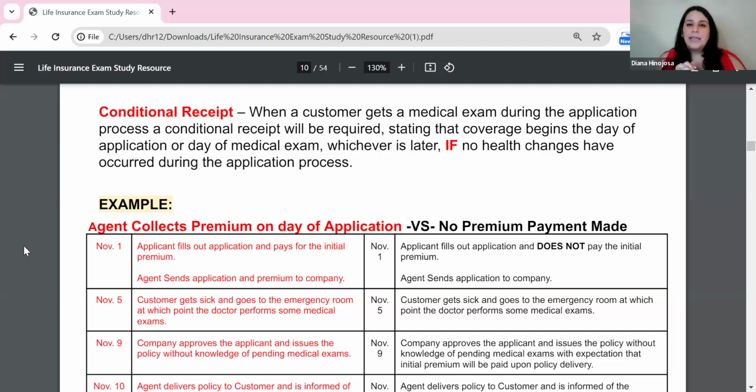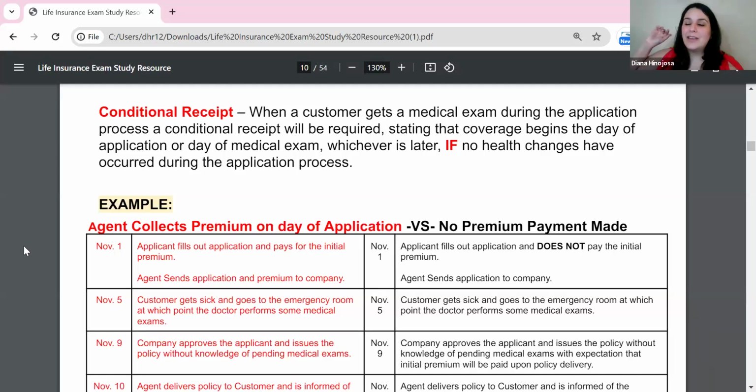When a customer gets a medical exam during the application process, a conditional receipt will be required, stating that coverage begins the day of application or day of medical exam, whichever is later, if no health changes have occurred during the application process.